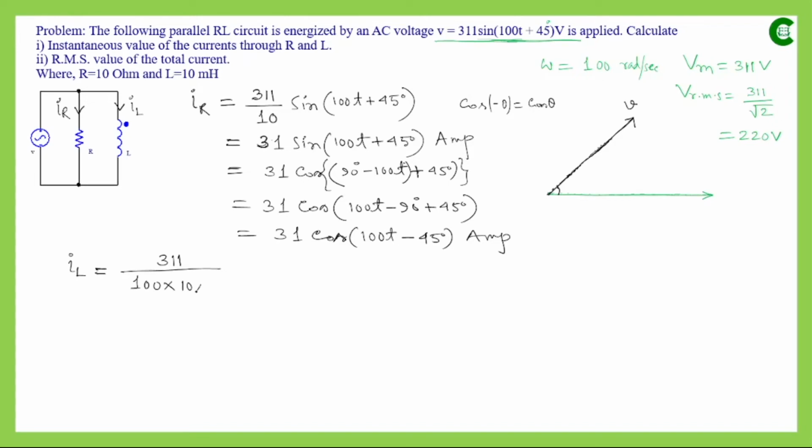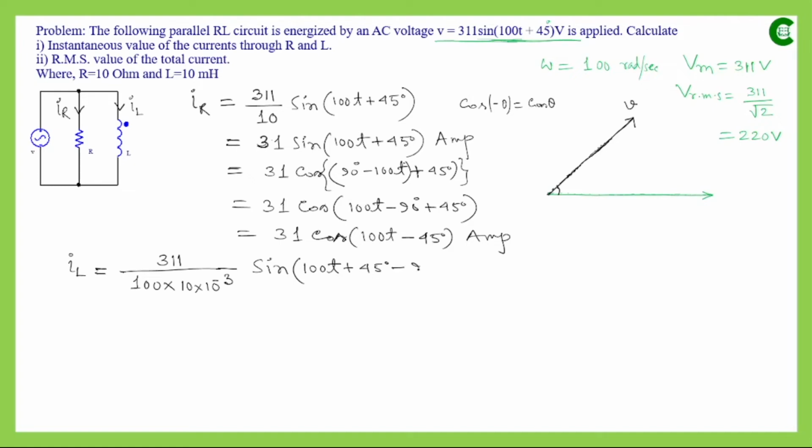So it is 10, and millihenry means 10 to the power minus 3, so that will express the inductance value in Henry. And next is the sinusoidal term. So it is sine, and in case of voltage the angle was 100t plus 45 degree, and in case of a pure inductor the current lags voltage by 90 degrees.